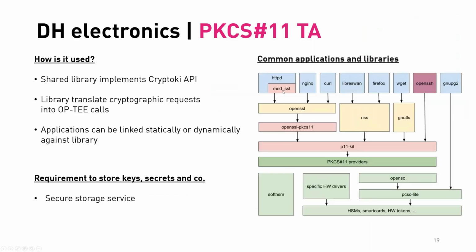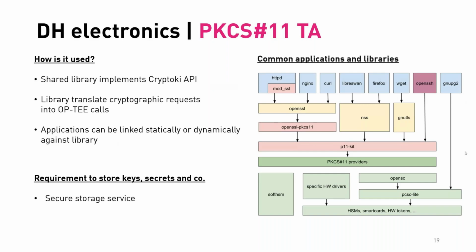And yes, next slide, please. How is this interface used? The PKCS #11 API isn't designed like a device or socket or something like this. It's only a header file. This defines function calls. And most PKCS #11 API implementations implement this as a shared library.